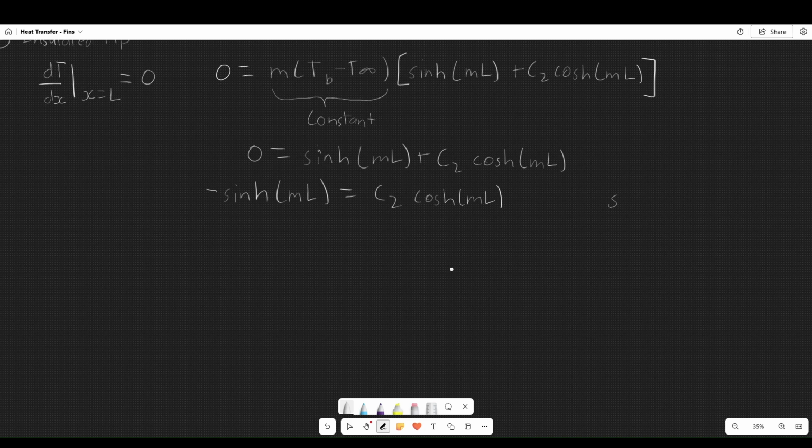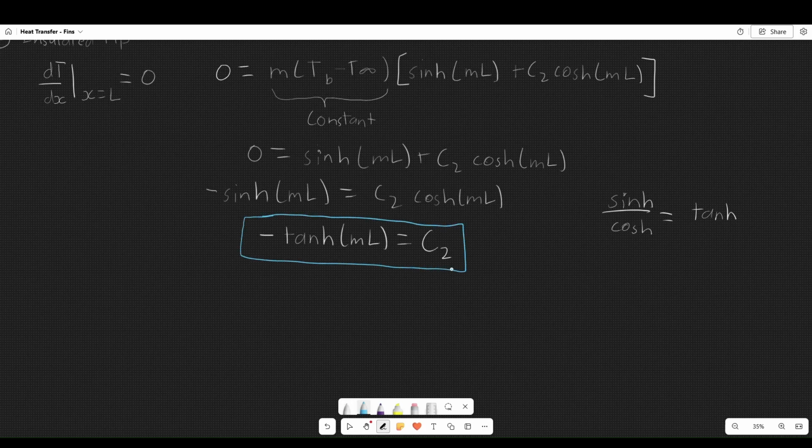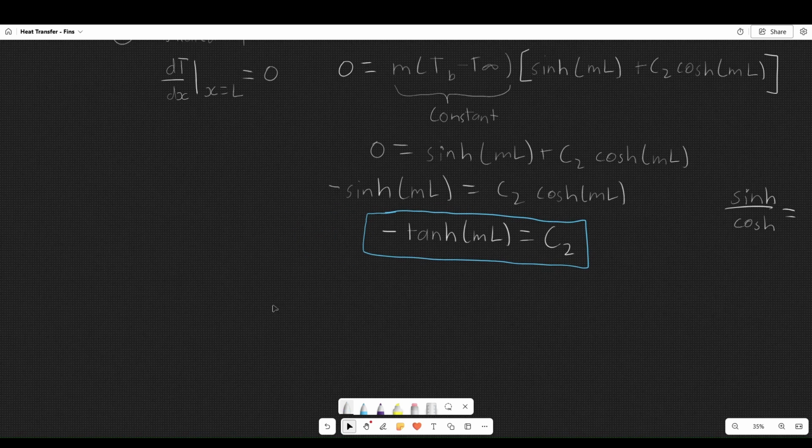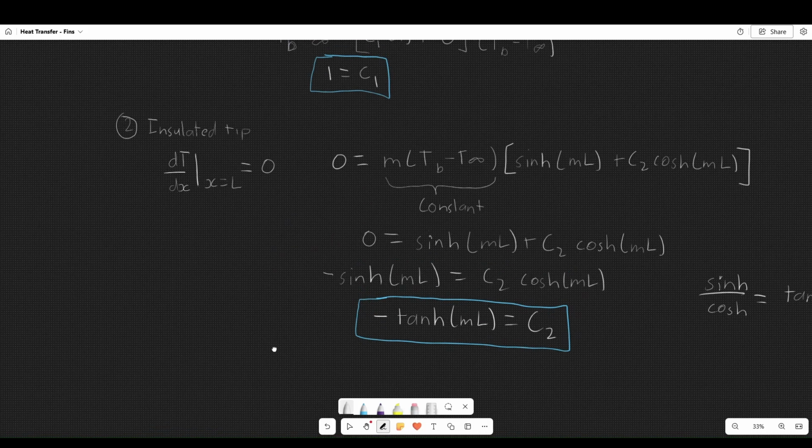You might recognize that a sinh over a cosh, similar to normal trigonometric functions, equals a tanh. So that's a hyperbolic tan. And so C2 is essentially negative hyperbolic tan(mL). Perfect.